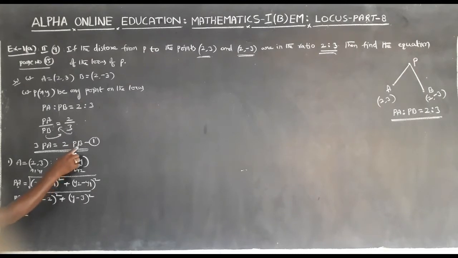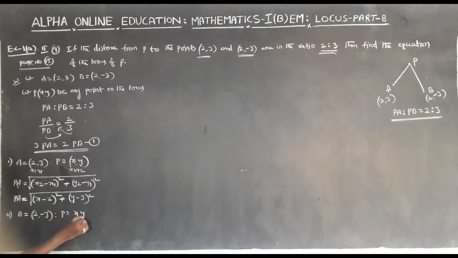Second one, PB value. B point (2, -3), P point (x, y). Let B point (x1, y1), P point (x2, y2). Find the value of PB. PB means the distance between the 2 points P and B. The distance formula: under root of (x2 minus x1) whole square plus (y2 minus y1) whole square.